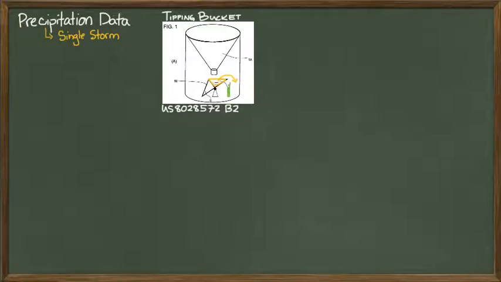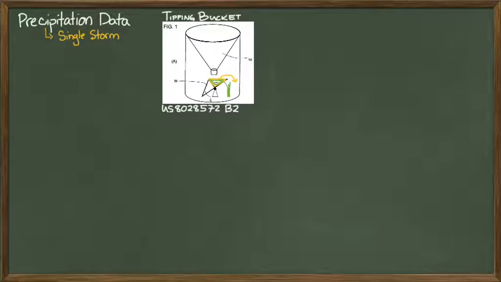And inside here there's a little node that records the piece of metal getting hit. Right there, boom, and it makes a little tick, tick, tick. So as it fills up on this side, it'll hit that little green thing, hit a tick, and the gauge records that. This volume that we were looking at here is a set volume, so the gauge knows exactly how much rain it takes to fill that up and then hit the green node there.